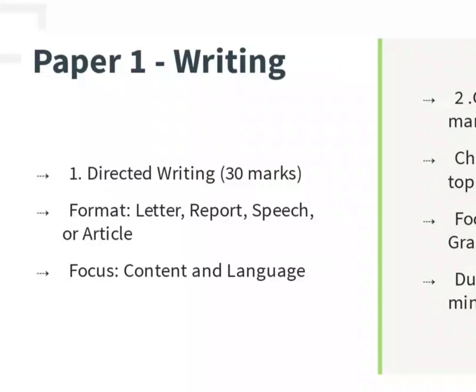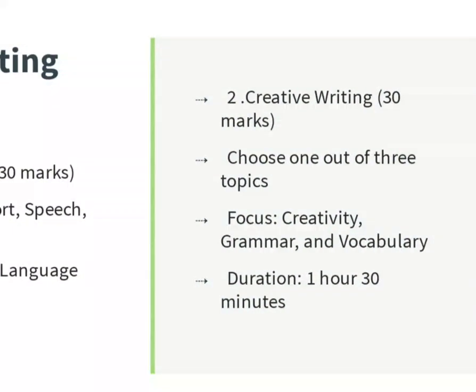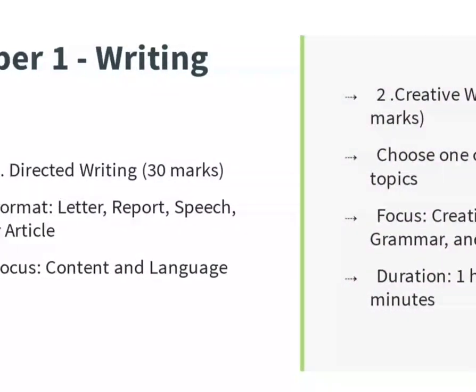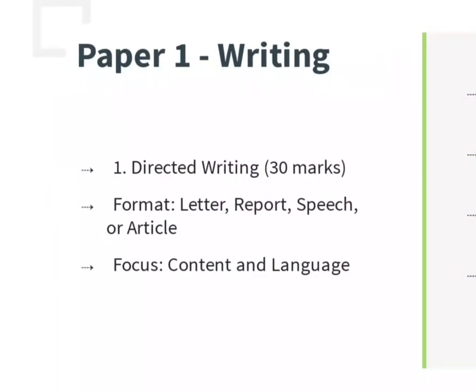In it, the requirements, the things which the students are required to do, I'll be telling you in detail. But first, the changes: section 2, which was known as creative writing, has been renamed. It is named as composition now. So section 2 will be renamed as composition and section 1 is with the same name, directed writing.